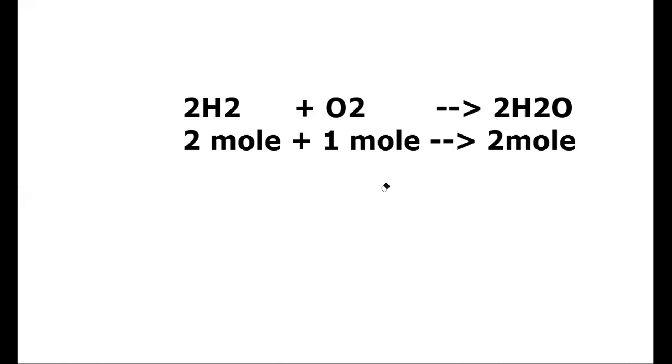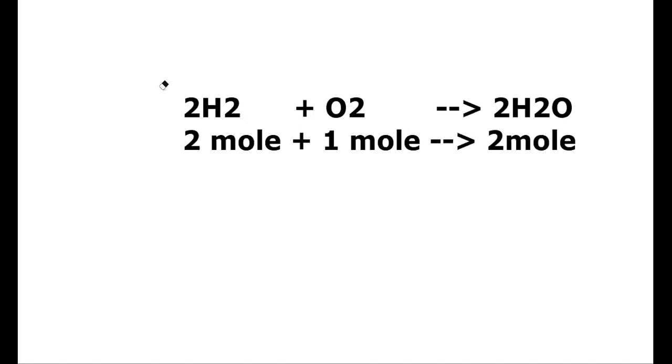Right, so if we take this equation for the reaction of hydrogen with oxygen to form water molecules, we're saying 2H2 and 1O2 giving 2H2O. What this 2 means, and this is 1, means mole ratio.